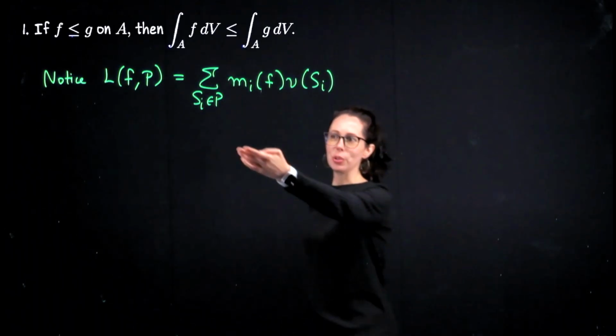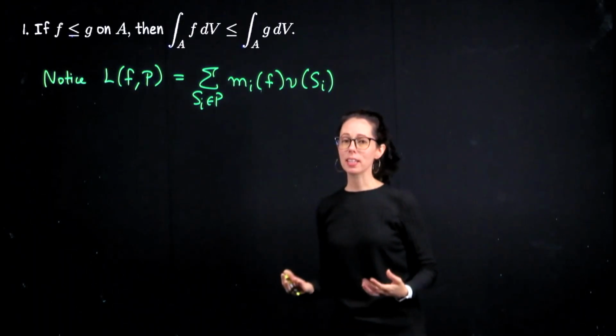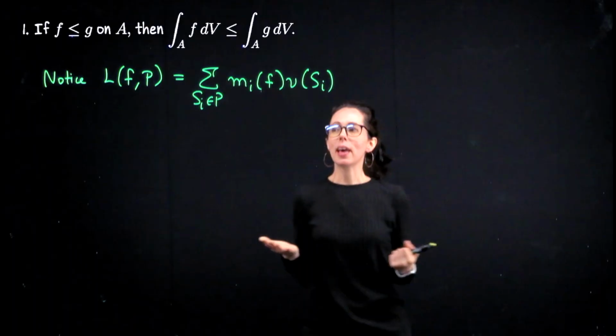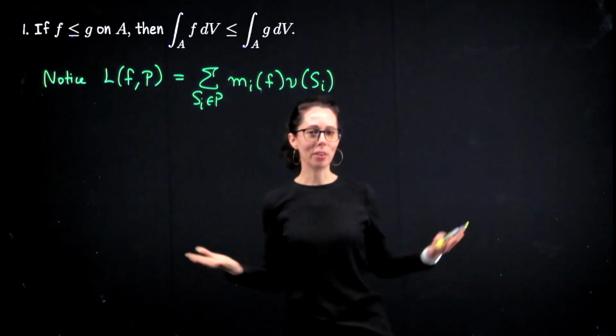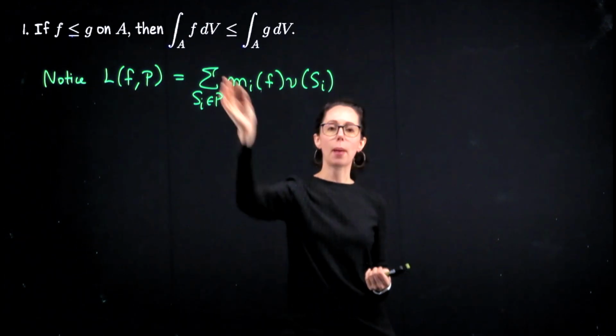I am just choosing to use this notation that means add up over all of the subrectangles created by the partition. It is a finite sum. And since for this particular partition there were capital N subrectangles, you could say i equals 1 through capital N if you wish to.